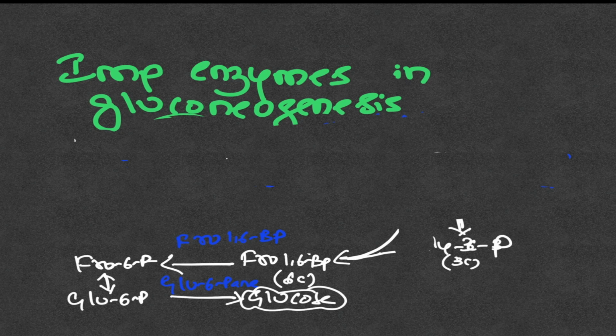So, all we need to do here is convert propionyl CoA into succinyl CoA. Once you get succinyl CoA, succinyl CoA is converted to succinate, succinate into fumarate, and fumarate into malate molecule. So, let me explain that now.